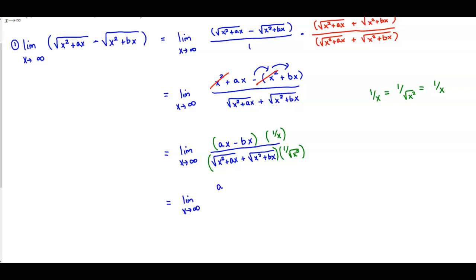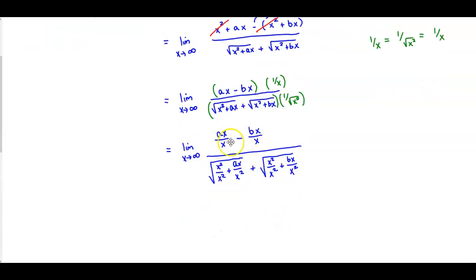So we have ax divided by x minus bx divided by x all over the square root of x squared over x squared plus ax over x squared plus over here we have x squared divided by x squared plus bx divided by x squared. So now let's go ahead and simplify.